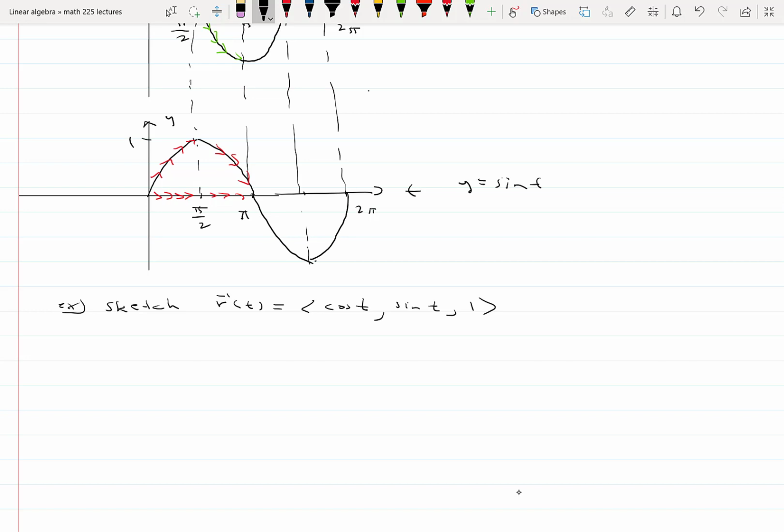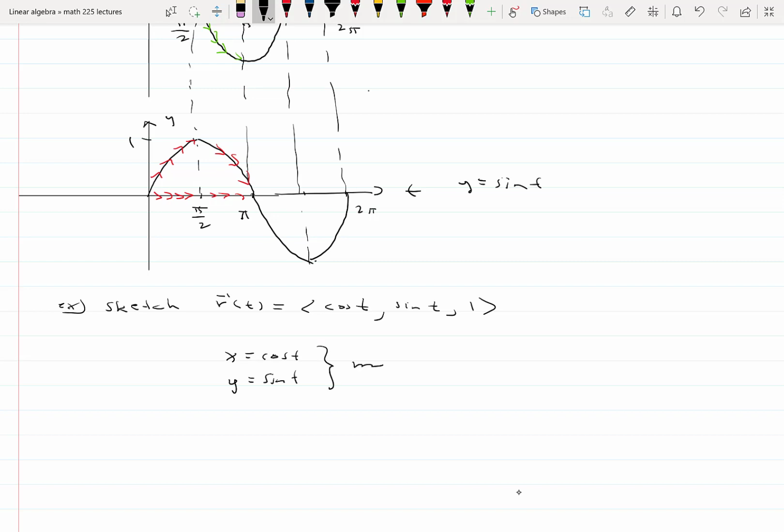So immediately, what does this mean? It means that the parametric equations are cosine of t and sine of t, and we already know what that means with x and y.